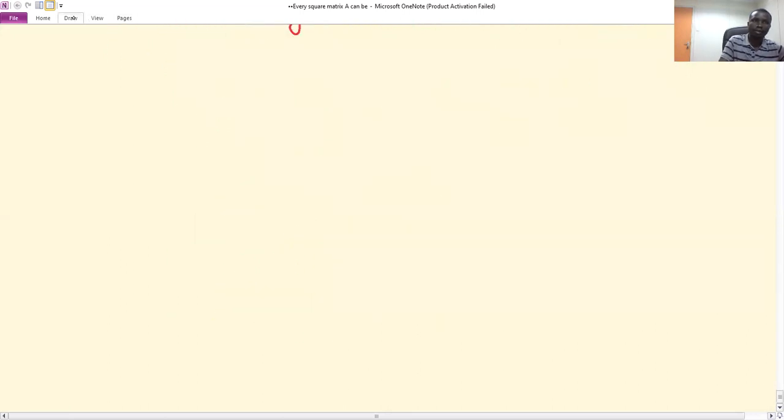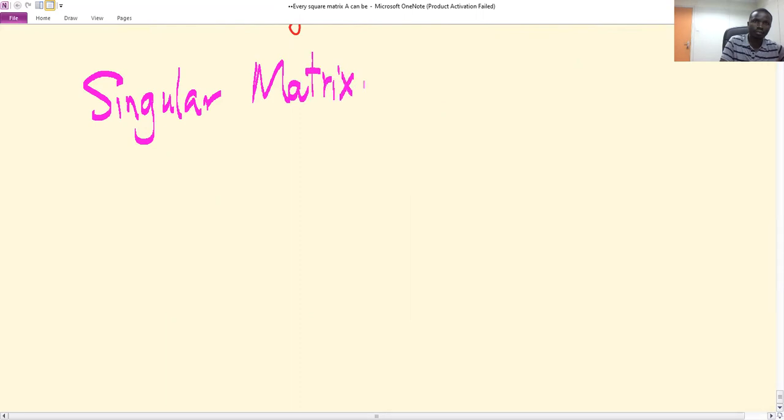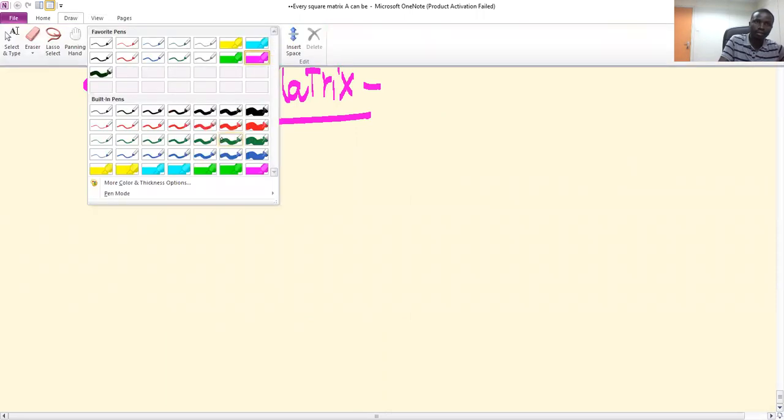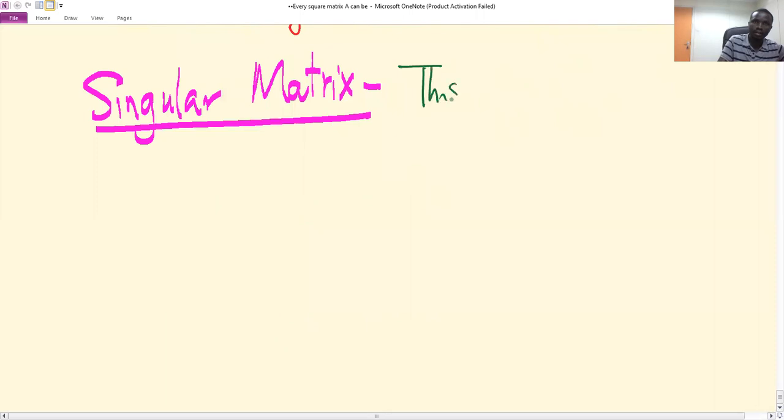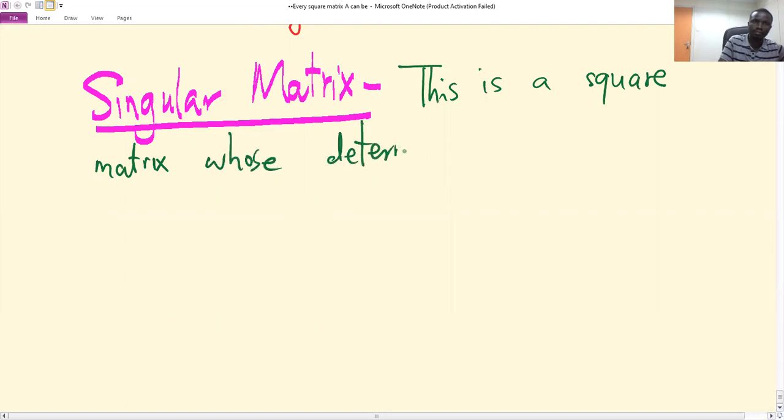And then we have what we call a singular matrix. This is a square matrix whose determinant is 0.